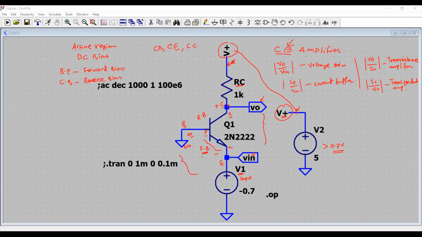this diode at the input side is going to be forward biased. Now with the 0.7 volt here, the value of RC is 1 kilo ohm. I need to know the base current, the emitter current, and the collector current, all these values, so that I will then be able to determine whether my junction at the base-collector is reverse biased or not.